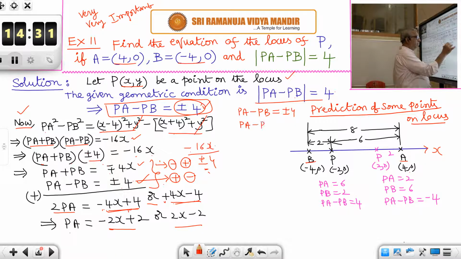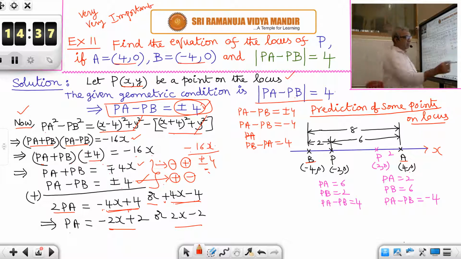PA minus PB is minus 4 means PB minus PA is 4. So, can you find any point satisfying this condition? A is 4 comma 0, B is minus 4 comma 0. So, consider P here in between A and B at 2 comma 0. Then what is PB? 2 comma 0 to minus 4 comma 0, 6 units.